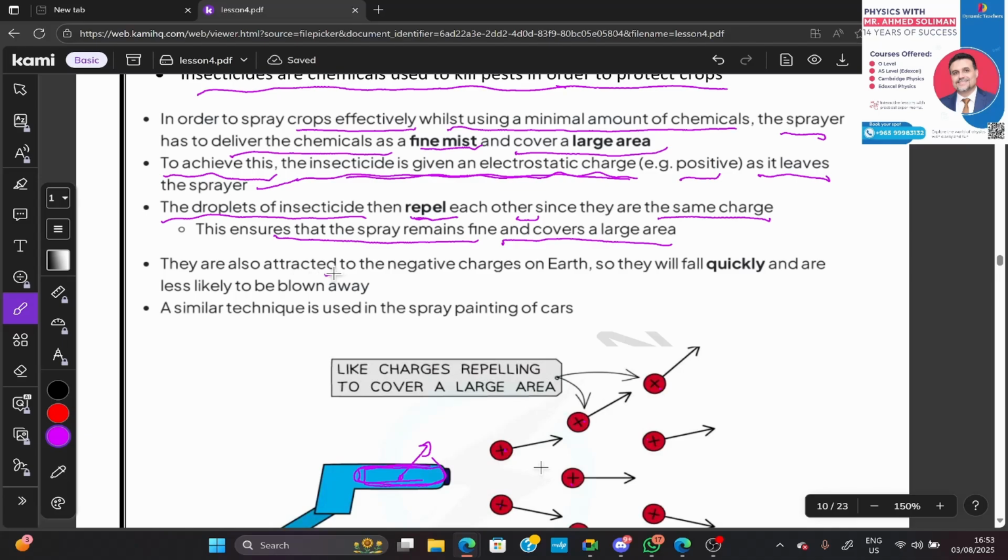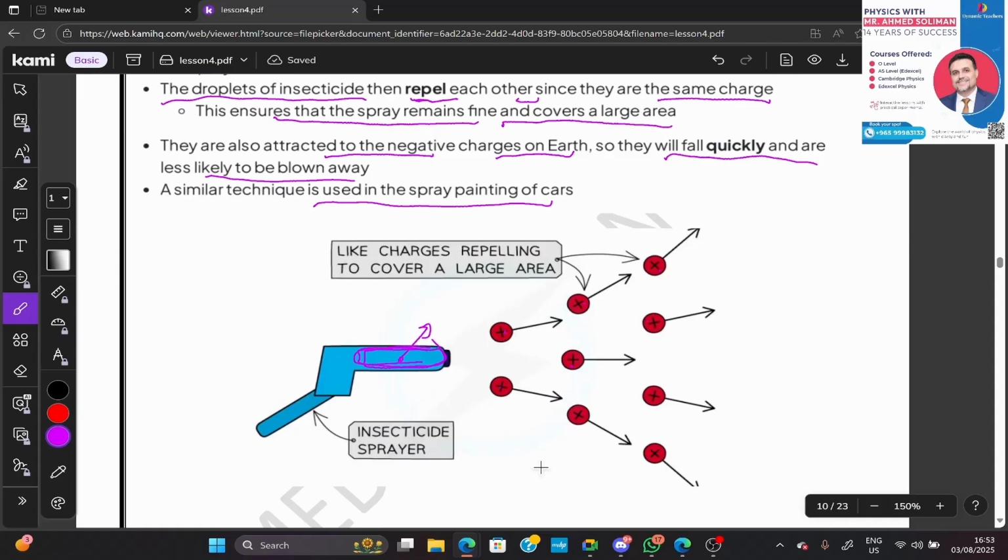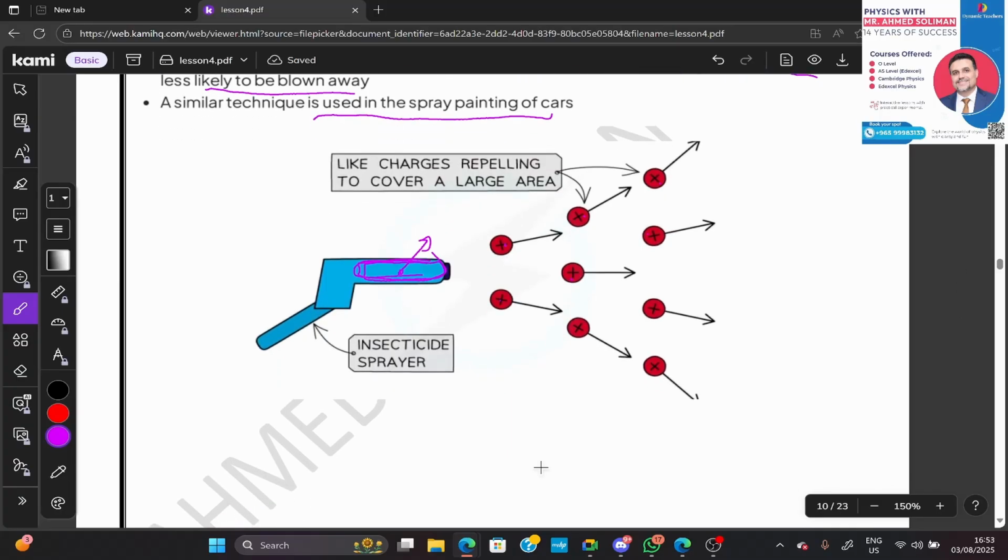They are also attracted to the negative charge on Earth, which makes it what? Fall quickly and are less likely to be blown away. A similar technique is used in what? Spray painting of cars. But in this case, we will make the body of the car negatively or positively charged, meaning it must be the opposite charge of the paint. Okay?